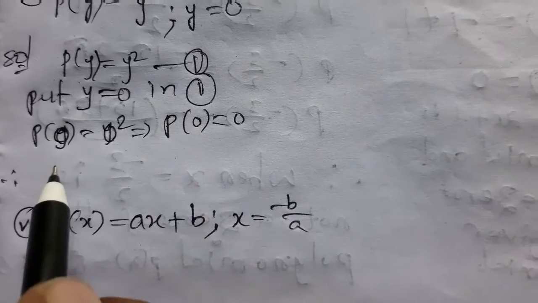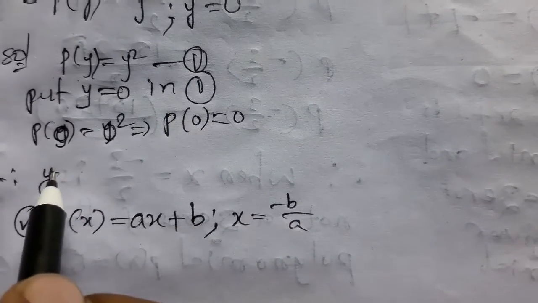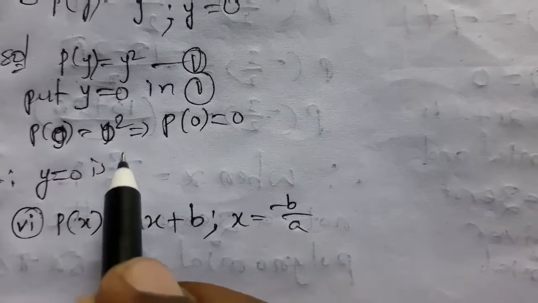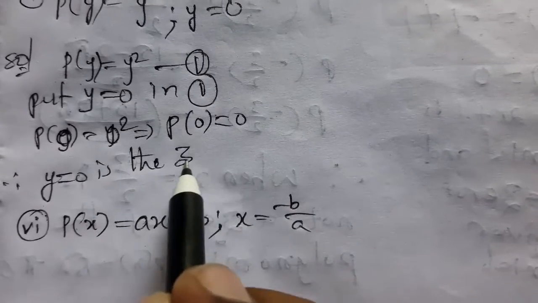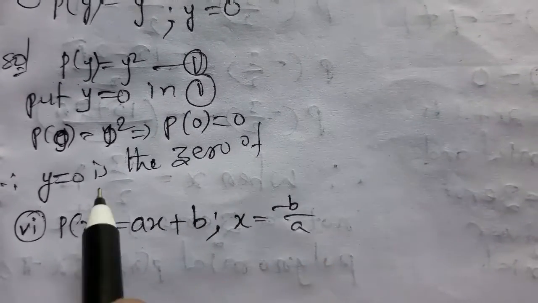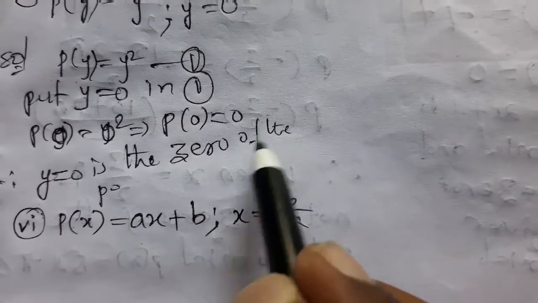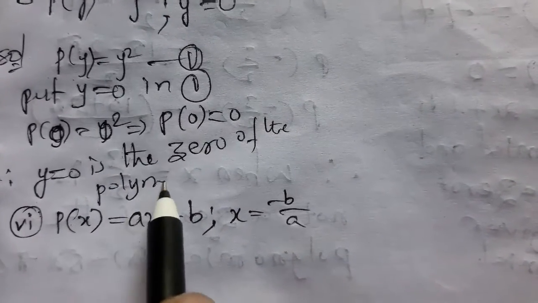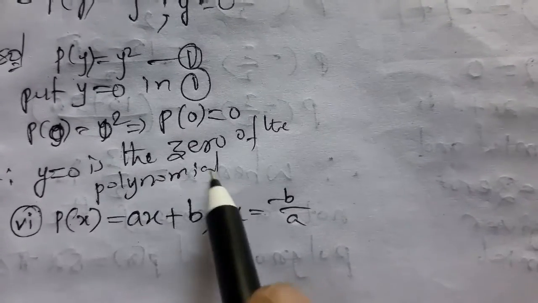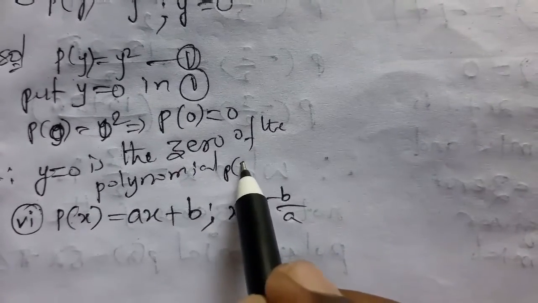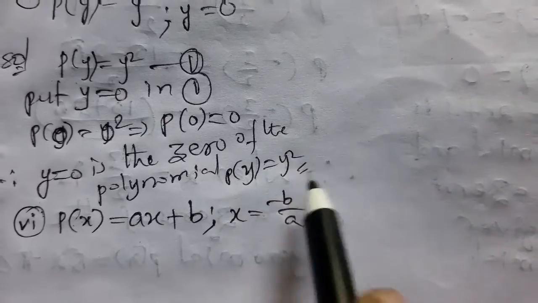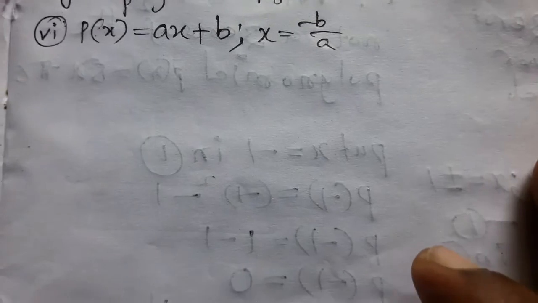Therefore, y equals 0 is the zero of the polynomial. What is the polynomial? P of y equals y square. Answer is over. Now move to the next question.